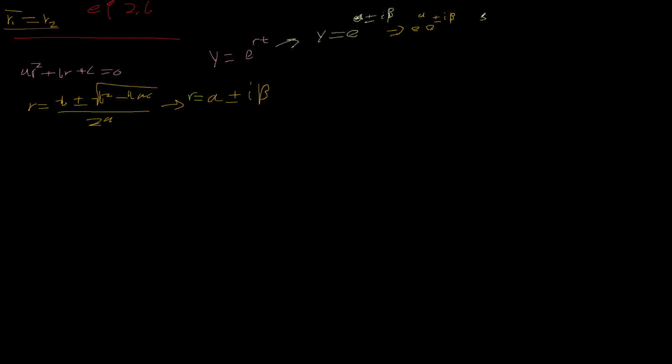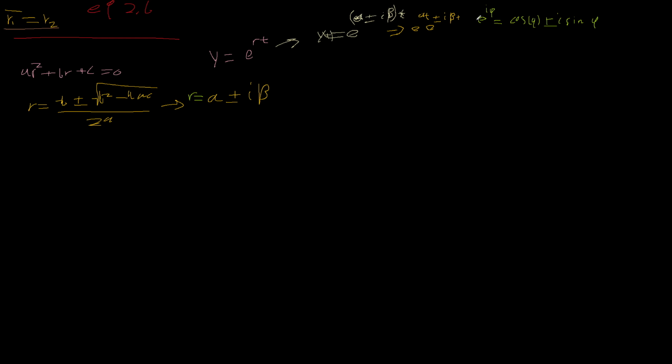And if you remember Euler's identity, e to the power of i phi is equal to cosine of phi plus or minus i sine of phi. Oh, and actually I forgot there's a t here, or an x if y is a function of x. I put a t in there earlier, so we'll just go back to using this t here. So e to the alpha t plus or minus beta t, right?